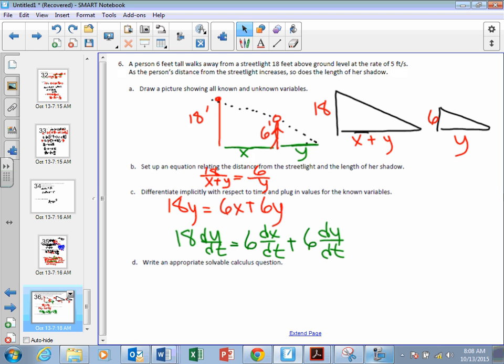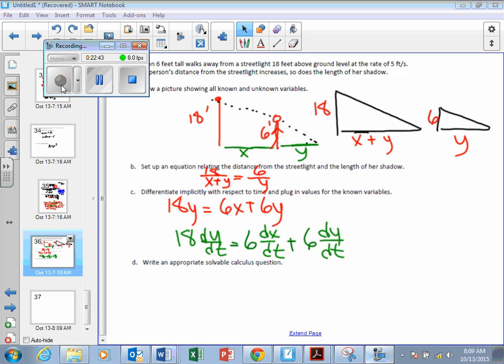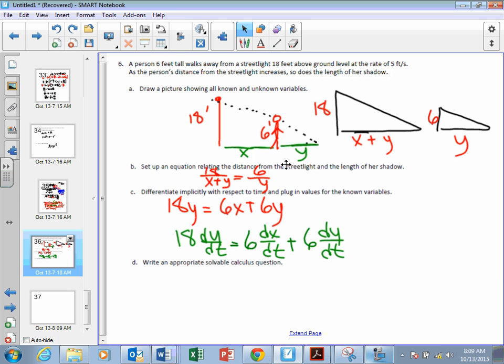I know that the person is 6 feet tall. Where does that go in here? Well, in this equation, it doesn't go in anywhere. So the height of the person, that would be right here. That doesn't need to go in anywhere. Do we know either dx/dt or dy/dt?